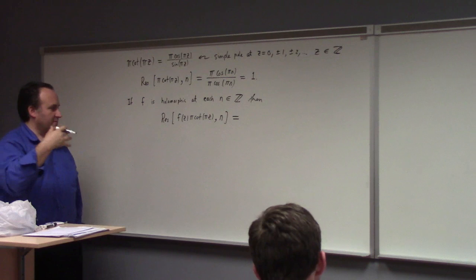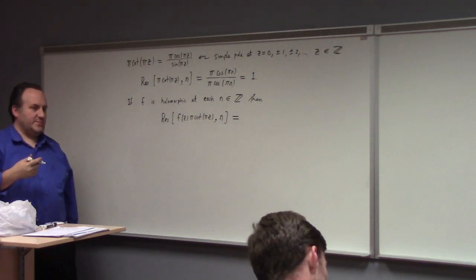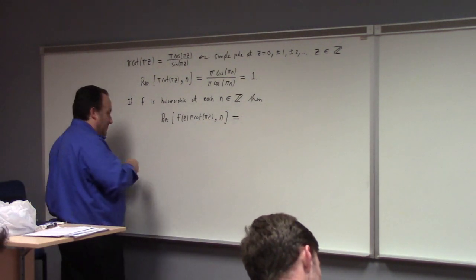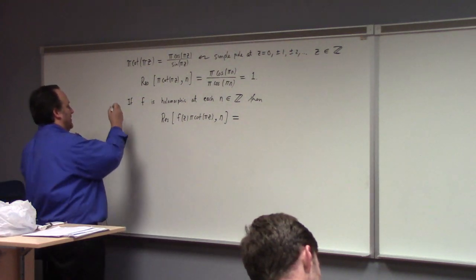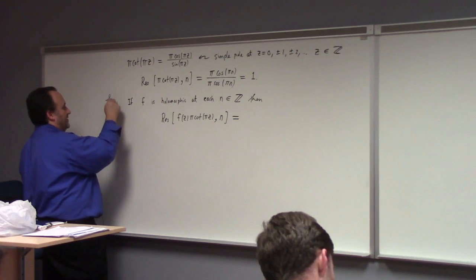So think about this. I don't want to actually do the calculation necessarily, but let me just kind of map out the calculation and explain to you. Really, this is a lemma that I'm going to kind of half prove at the moment.